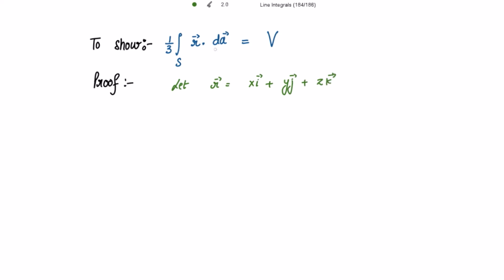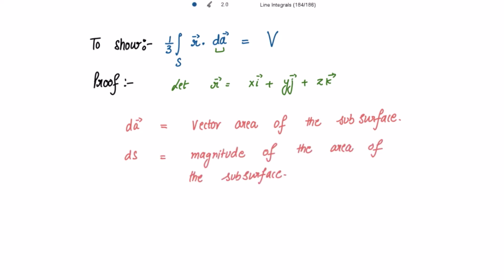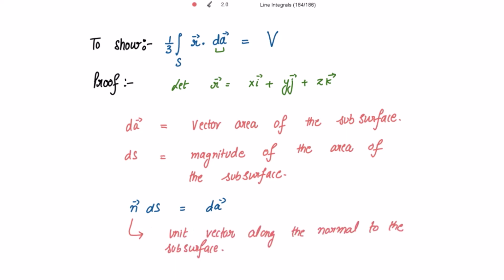Okay, what is dA vector over here? dA vector is the vector area of the subsurface and dS is the magnitude of the area of the subsurface. If I multiply n vector with dS, then I get dA vector, that is the vector area of the subsurface, where this n vector is the unit vector along the normal to the subsurface, right?